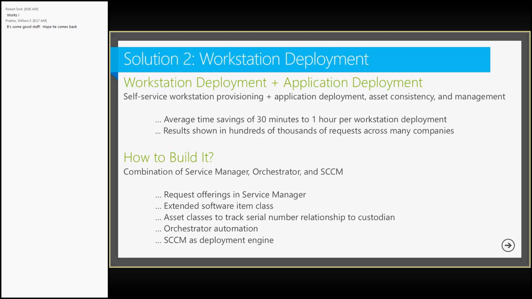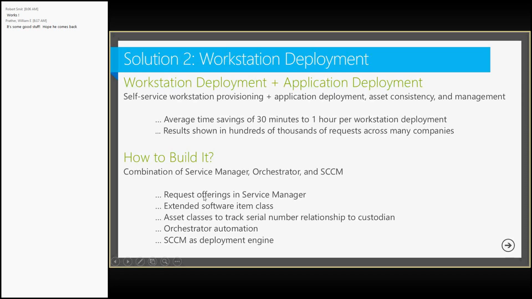What I've found is that using this process saves my clients between 30 minutes to an hour per workstation deployment when we add up all the different things they're doing on workstation deployment. I think you'll find that's pretty interesting. Also, we've used it hundreds of thousands of times to get these numbers. So when you look at that time savings, I think you'll find that it's very valuable.